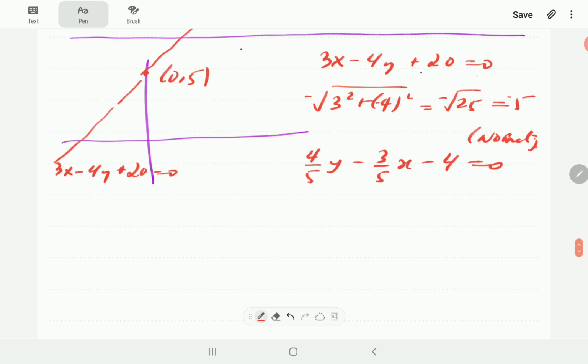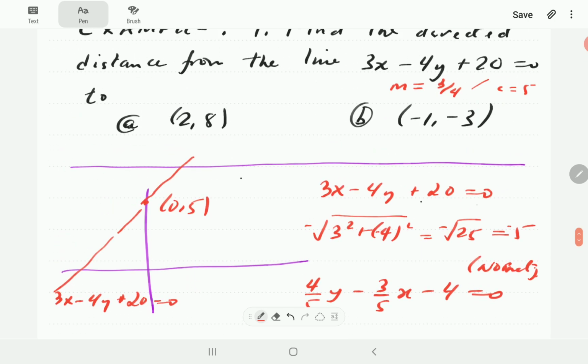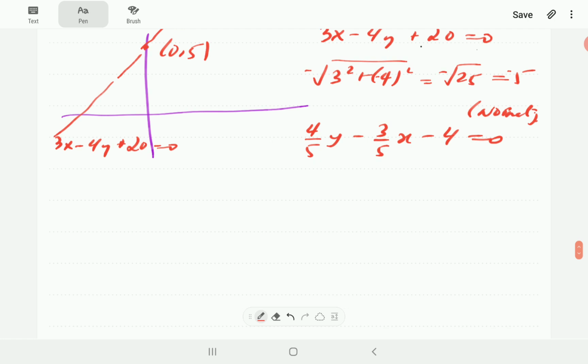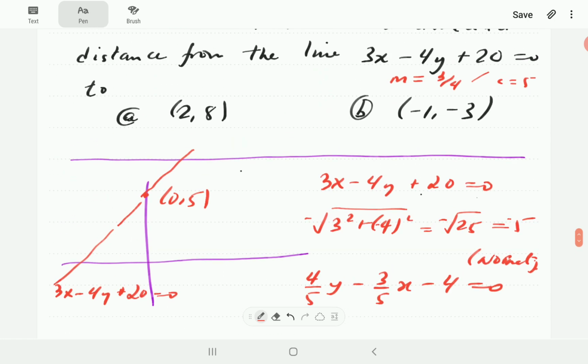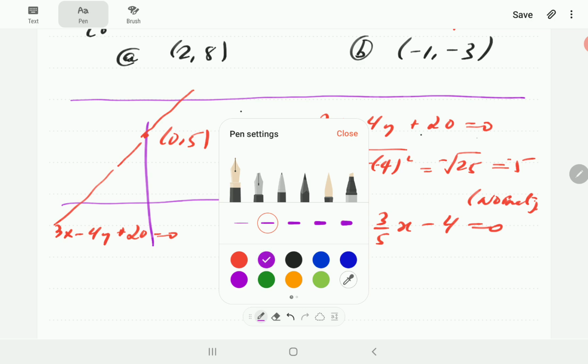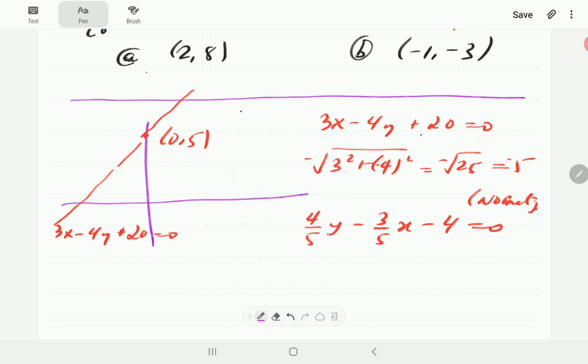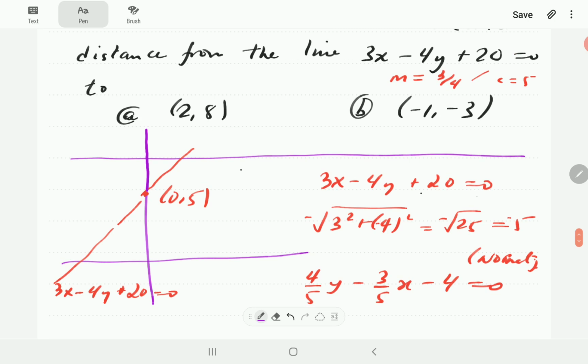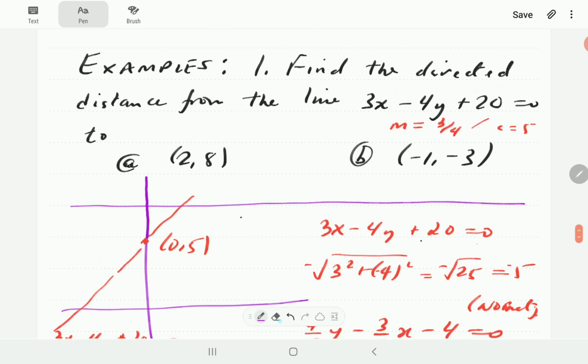Then to find the distance from this line to 2, 8, the normal distance, so that is the perpendicular distance. If I just extend the sketch here, if that's 0, 5, you can imagine that 2, 8 is going to be somewhere there.